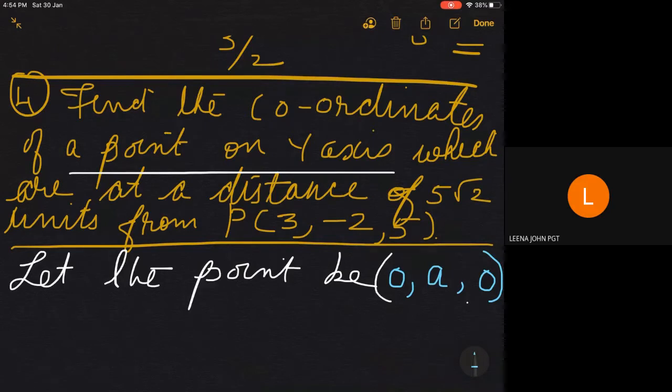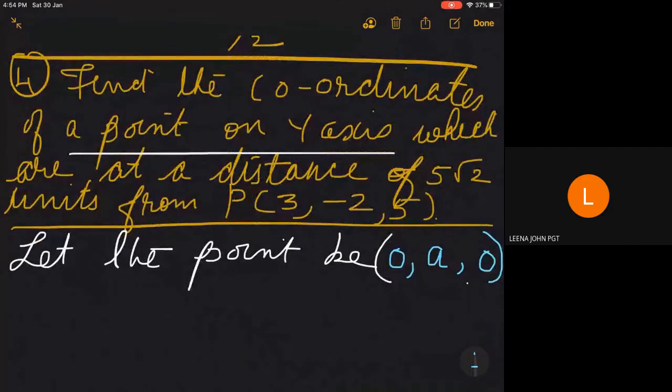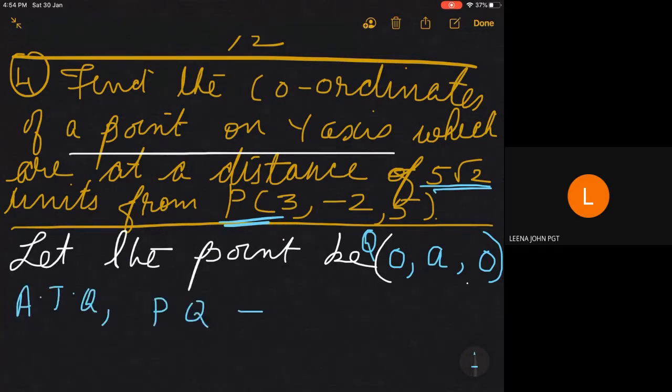Now we have to find the value of a. For that, you apply the given condition. This point is at a distance of 5 root 2 units from P. Let us consider this point as Q. According to the question, PQ equals 5 root 2 units.